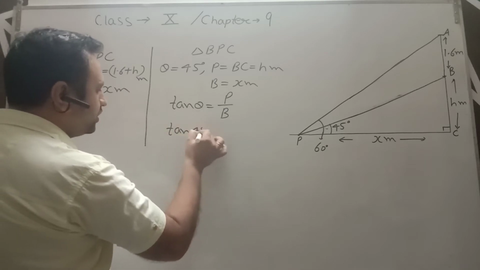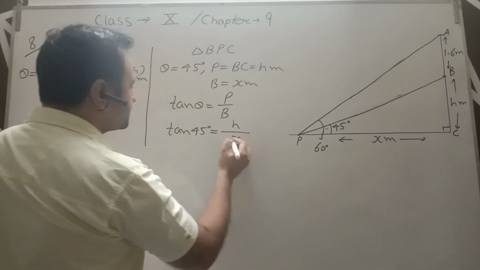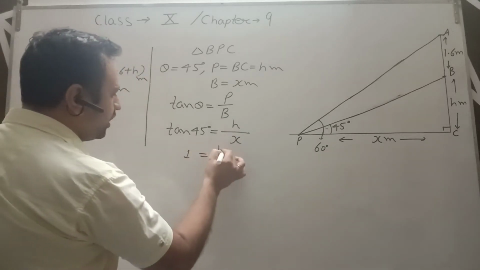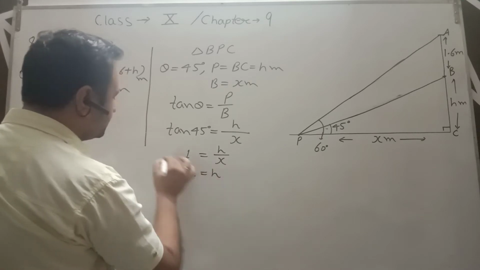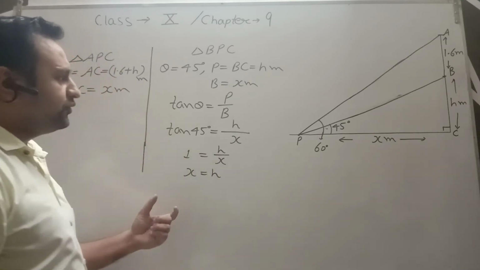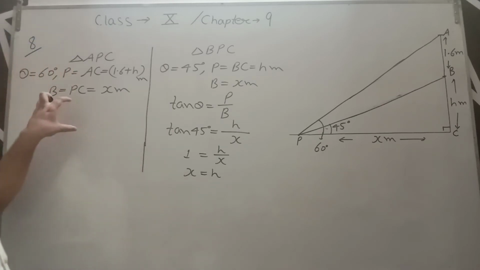So tan 45 degree is equal to h upon x. After cross multiply x is equal to h. So in the second column we find out value of x. Similarly in the first column we also find out value of x.